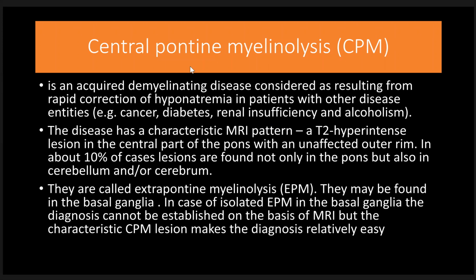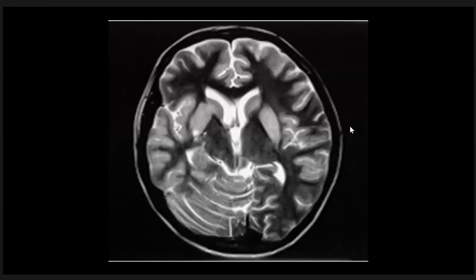Another cause is central pontine myelinolysis, a demyelinating disease resulting from the rapid correction of hyponatremia or other disease entities like cancer, diabetes, renal insufficiency, and alcoholism. And in this patient, we have extrapontine myelinolysis involving the caudate nuclei and the lentiform nuclei.